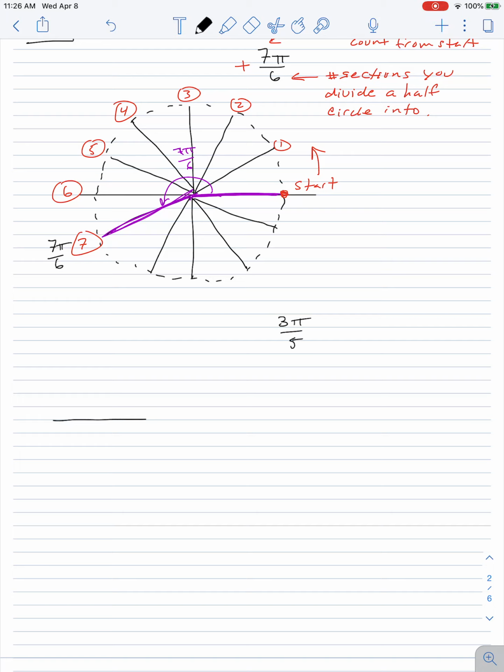So I'm going to draw my half circle here. The reason that I don't draw the y-axis in this picture is because sometimes the y-axis is not part of my division process. Look, for example, at the 7 pi over 6. This is actually the y-axis right here, coming through here. But that is part of my division because 6 is an even number.